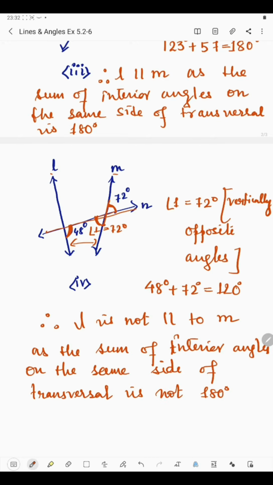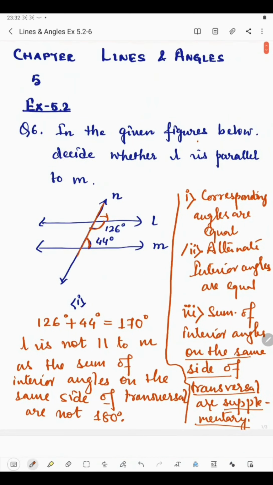Okay, so this was all about question number 6, and this was the last question of this chapter.